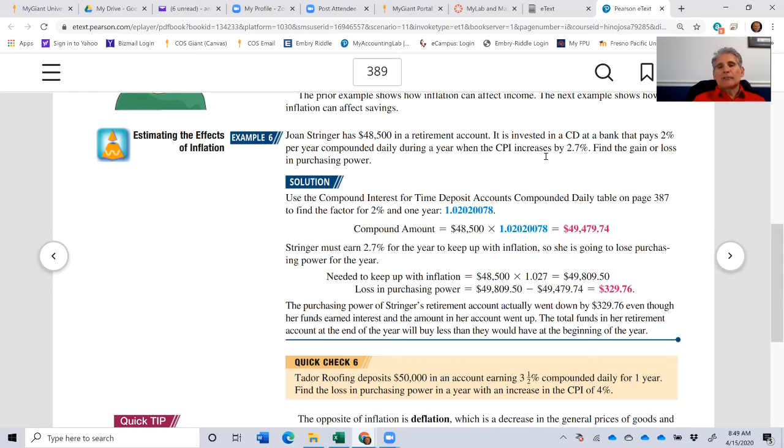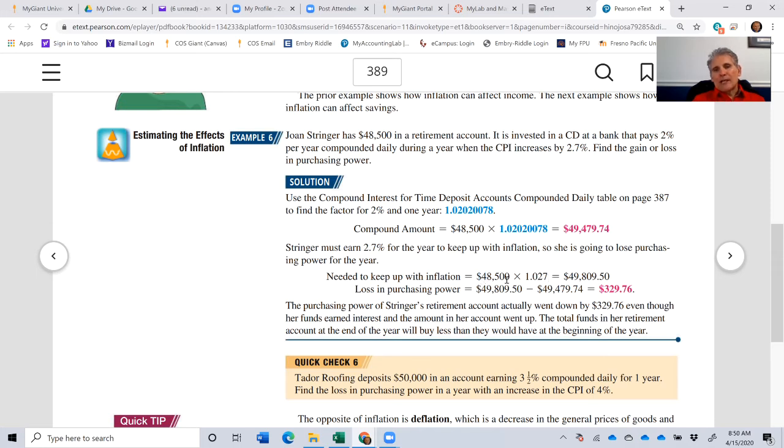Now we know that the inflation rate went up by 2.7%. To figure out how much money we would need to earn to at least have the same buying power, we're going to compute what that inflation amount is. So 48,500 multiplied by 1.027. Now, you might be asking, where does the 1 come from? Well, if we just wanted to compute the amount of interest, we would just use 0.027.